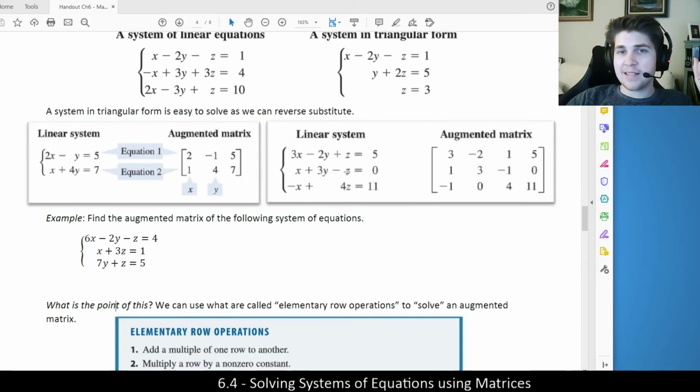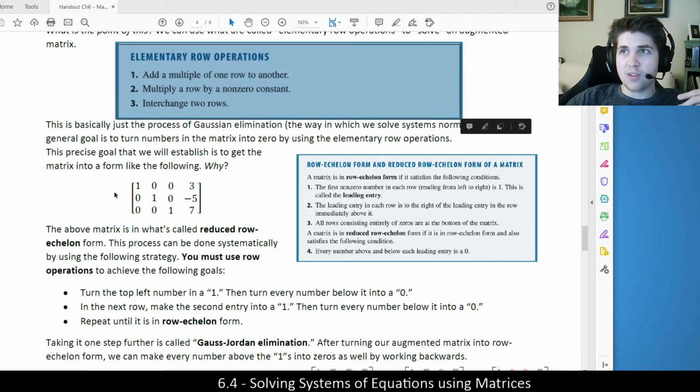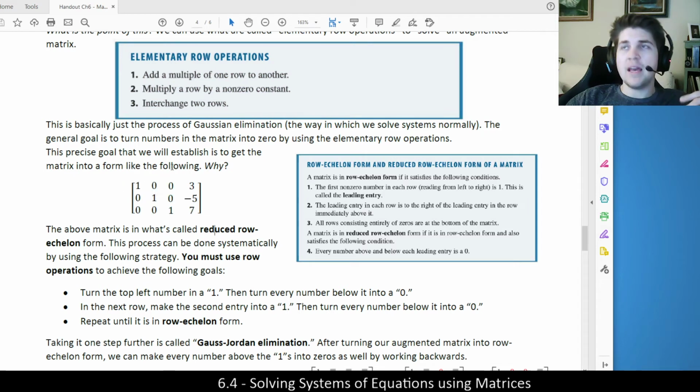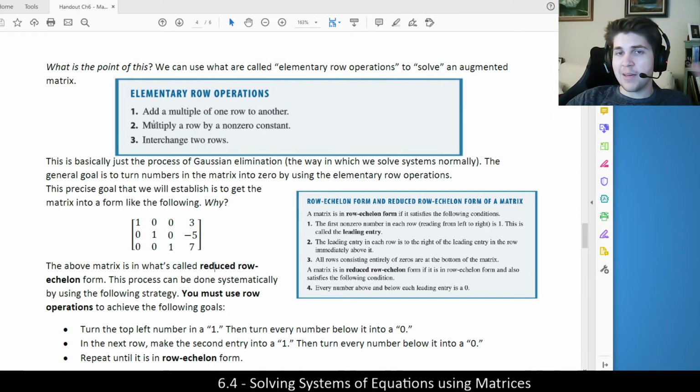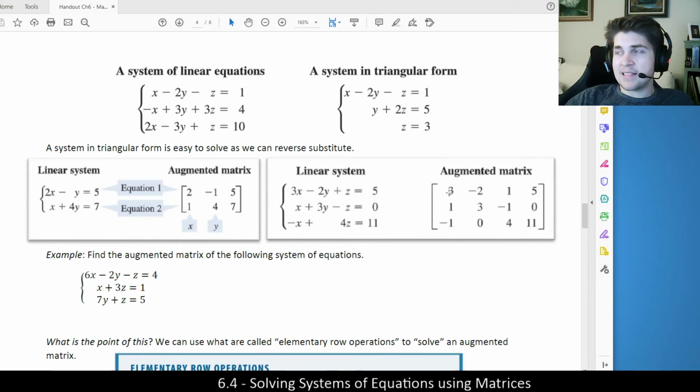But basically, the goal is to take an augmented matrix like this one and get it into reduced row echelon form, i.e. like if we apply these rules, we can solve the system by getting it into this form. And what the elementary row operations say we can do is operation number 1, you can add a multiple of one row to another. So basically, say I was trying to solve this system right here.